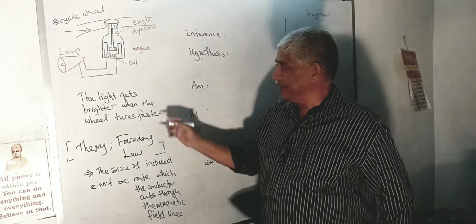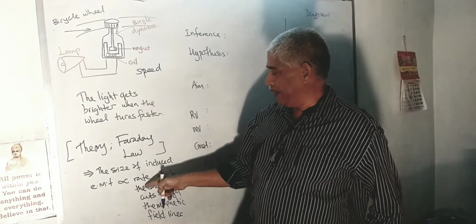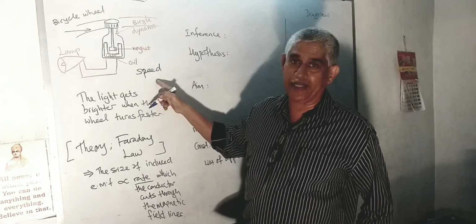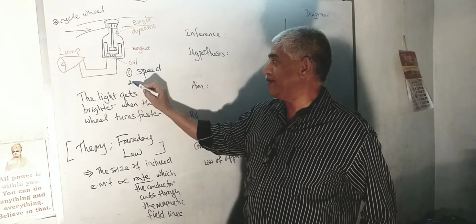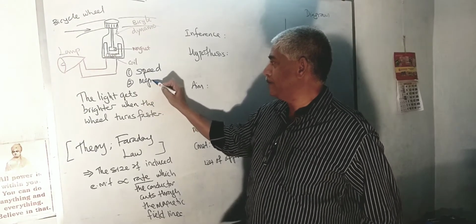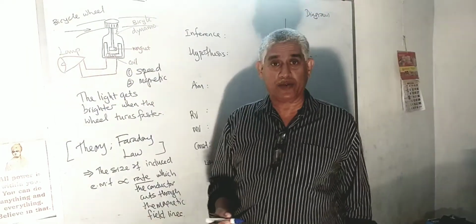So what are the factors here? One is the speed. The rate here is controlled by the speed. Another one is, of course, the strength of the magnetic field. If the magnet is stronger, more field, so the rate of cutting is also greater.